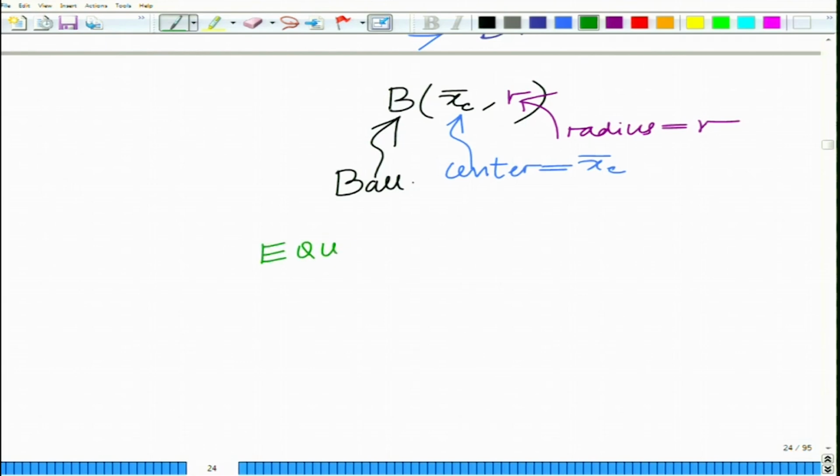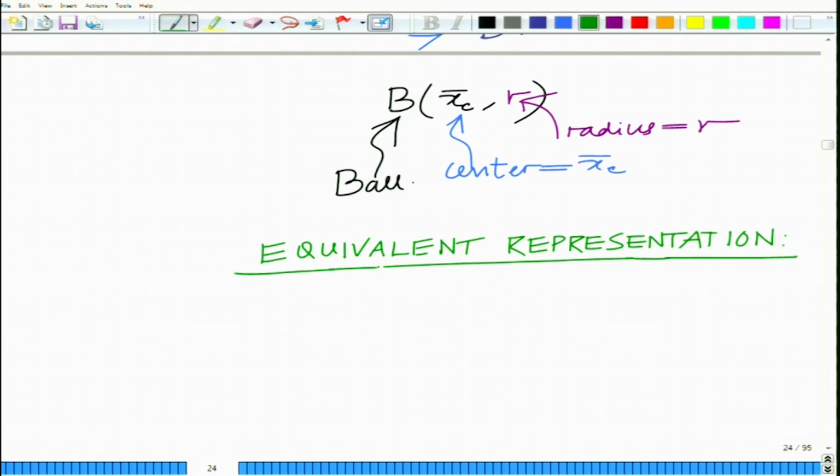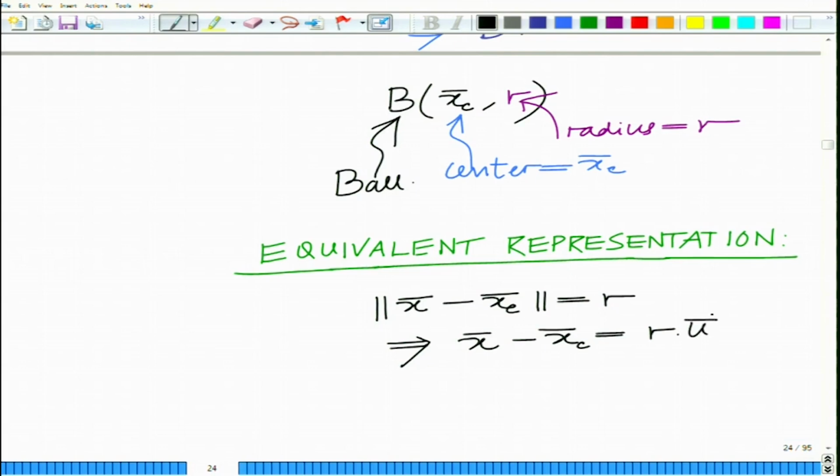Remember, the norm of x bar minus xc bar equal to r, and this implies you can write this as x bar minus xc bar is r times some vector u bar, correct, where the norm of u bar is less than or equal to 1.